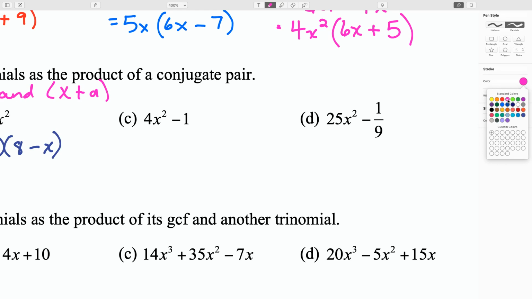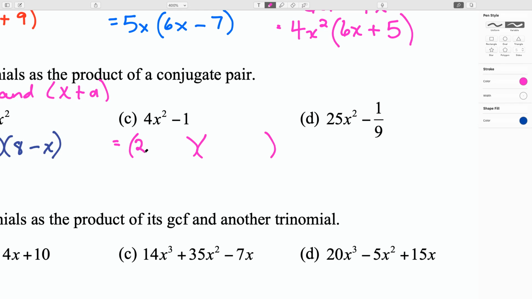So C, 4x squared minus 1. 4x squared is a perfect square, and so is 1. So I know I'm going to use the difference of perfect squares strategy, and my answer will have two sets of parentheses. What's the square root of 4x squared? Or what do I multiply by itself to get 4x squared?